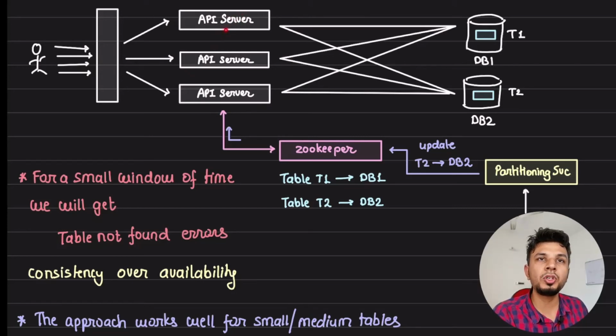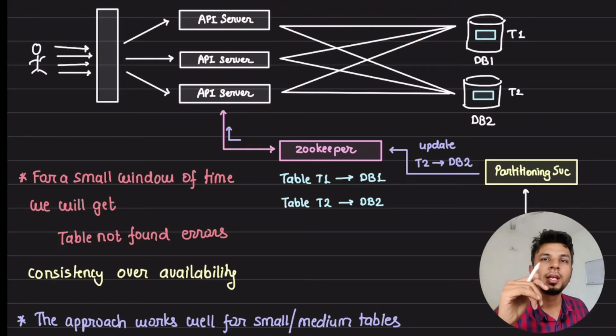The API server would know where the authentication table lies. How would it know? Using Zookeeper. Zookeeper will have all the meta information with it. So table 1, table 2 present in database 1, for example. All the tables are present in database 1. And then the API server would know which database to connect to. It will connect to that database, fire the query, get the response, and send it back to the user.